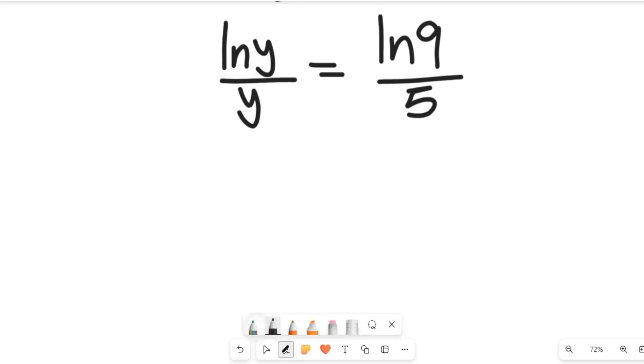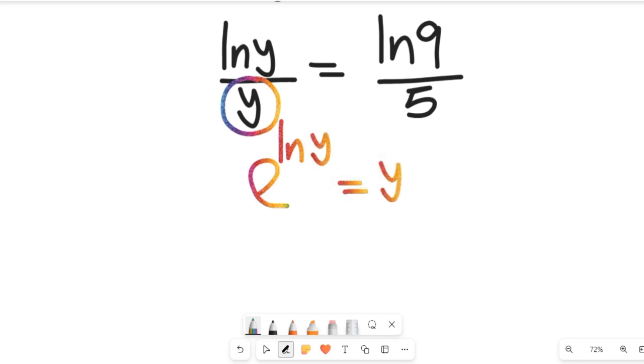Now, I want to work on the denominator on the left hand side. According to some rules of the natural exponent, if we have the natural exponent of the natural log of y, that is going to give us the value y, because the natural exponent will clear the natural log.